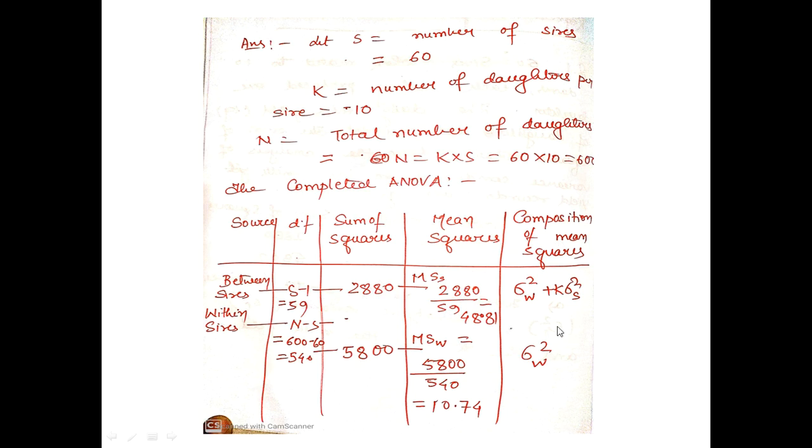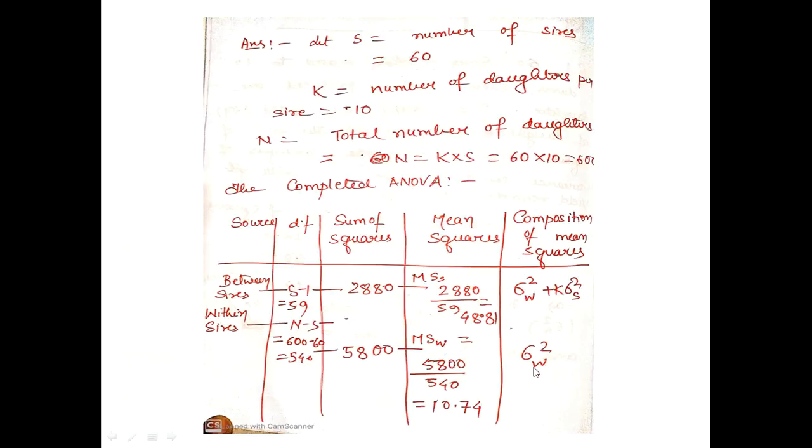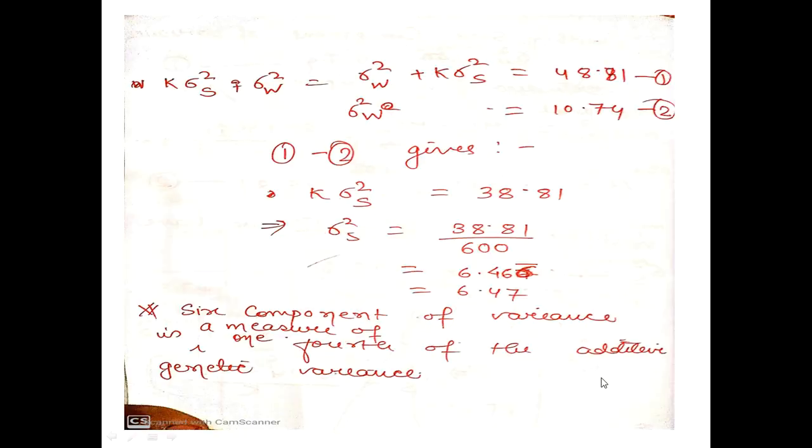You already know that this is the composition of mean square: sigma square W plus K sigma square S is equal to the between sire mean square, and sigma square W is the within sire mean square. So you have two equations. First says sigma square W plus K sigma square S is equal to 48.81 and the second says sigma square W is equal to 10.74. You solve the two equations to get the two variables, sigma square W and sigma square S.